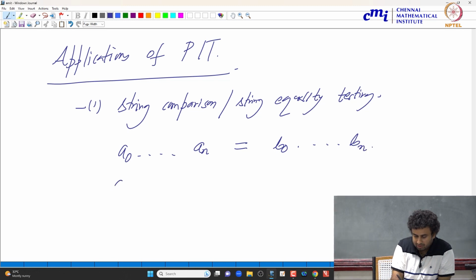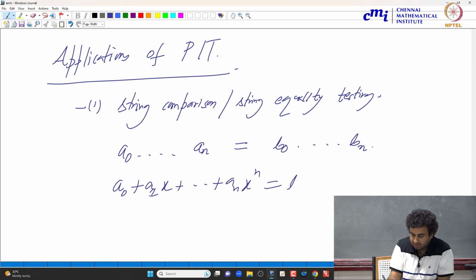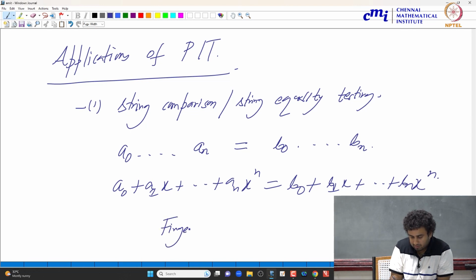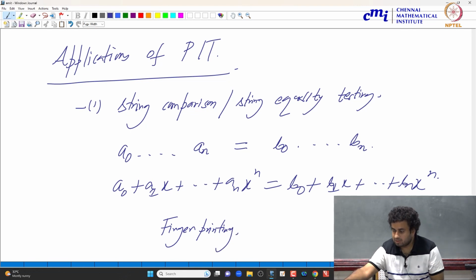Basically, you can treat them as polynomials and test if these two polynomials are equal. This is the idea of fingerprinting.